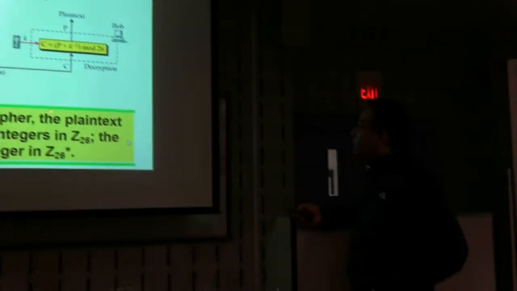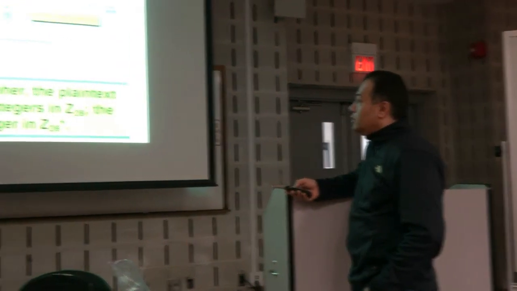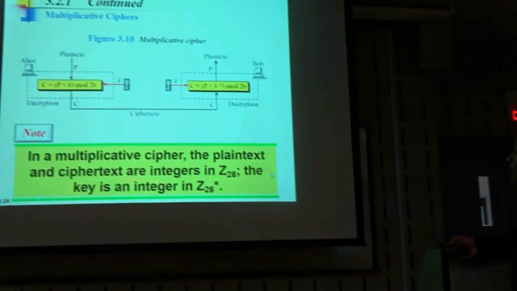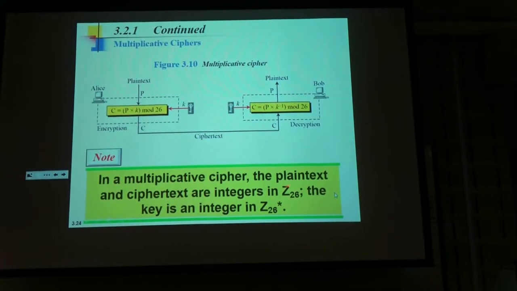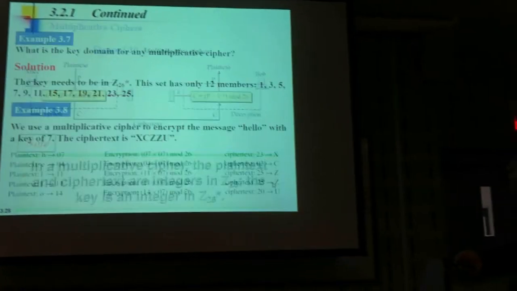In a multiplicative cipher, the plaintext and ciphertext are integers in Z26. However, the keys are integers that have multiplicative inverses, which is a smaller set than for additive inverses. You know how to calculate multiplicative inverses from last class.